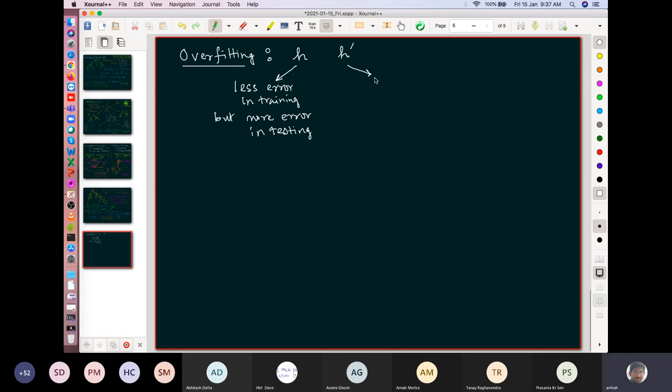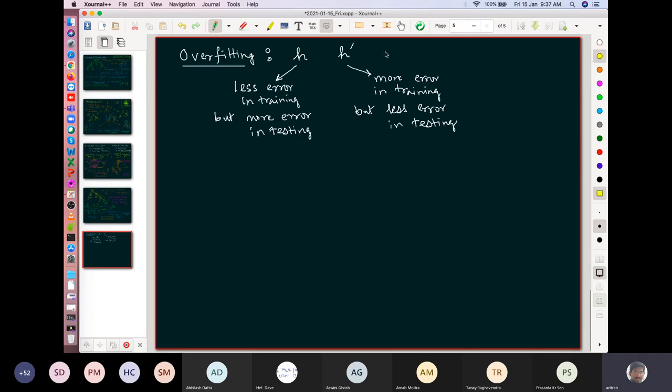Whereas your H dash makes more error in training, but less error in testing.